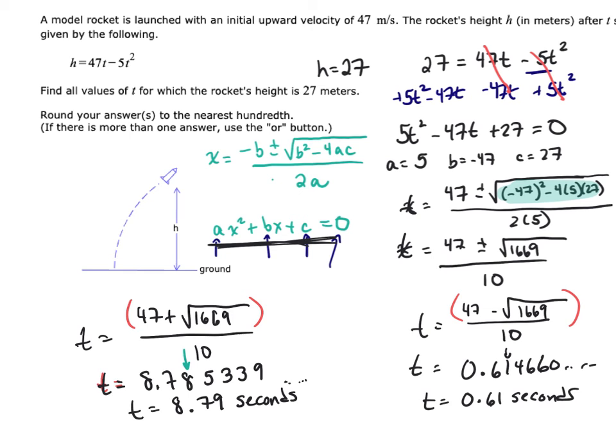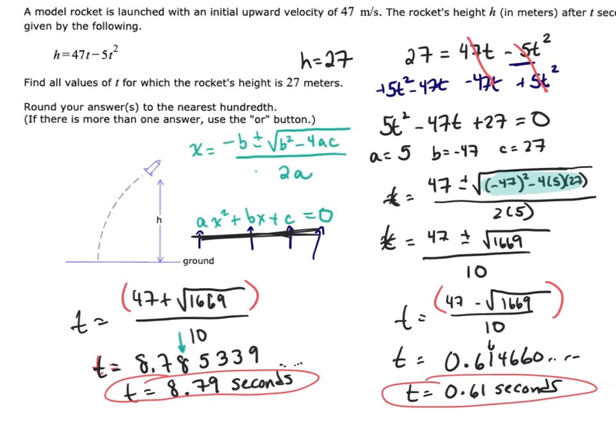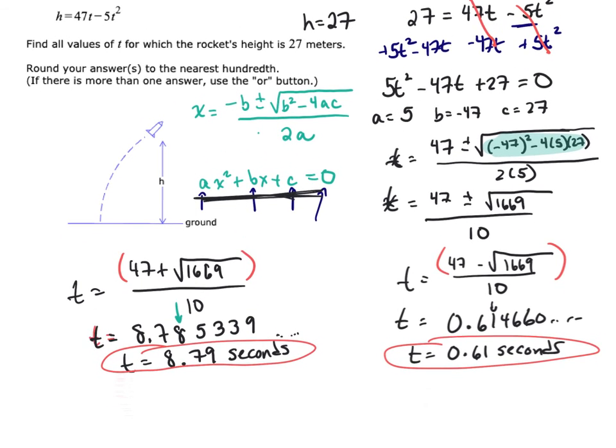So this one we'd have two solutions. We'd have this one, and we would have this one. So the idea is, if you think about what this object is doing, it is launching from the ground, going up and then going down. So if you think of where 27 feet is, let's say it's here.